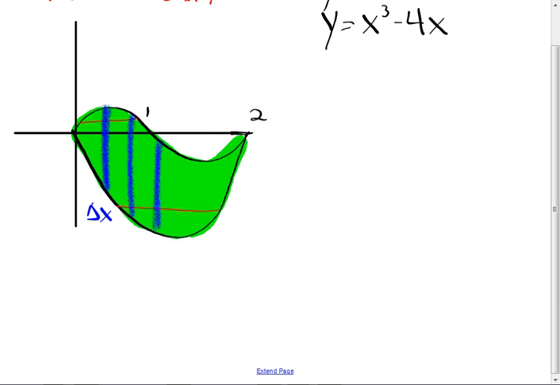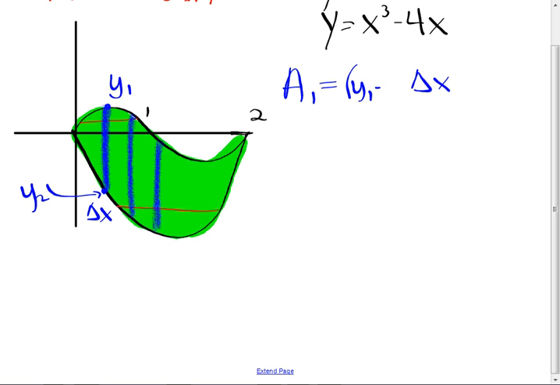Okay, so the area for 1, I always do 1 first because that's an easier problem, is the height times delta x. How am I going to find this height? Which value do I want here, x or y? y. I want the y coordinate. y1, we'll call that one y2. And I always do it generically. Some of you can just go right into the problem and set it up, but I still think it's better to look at it this way.